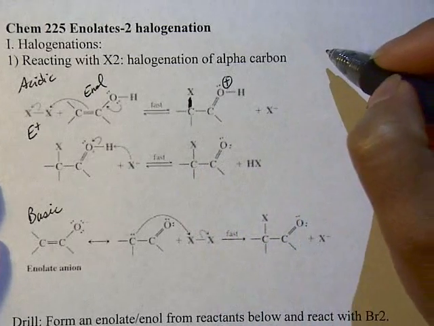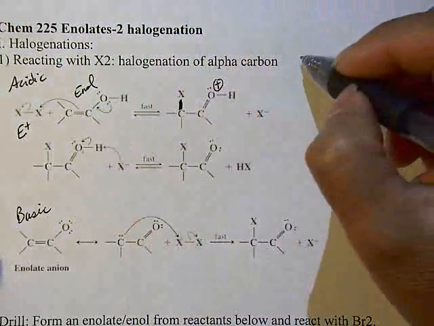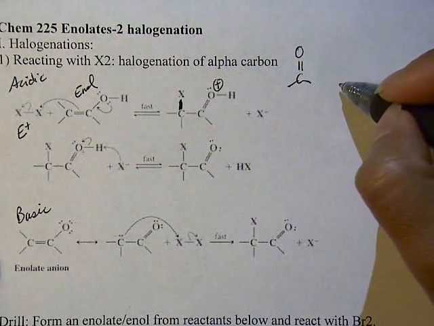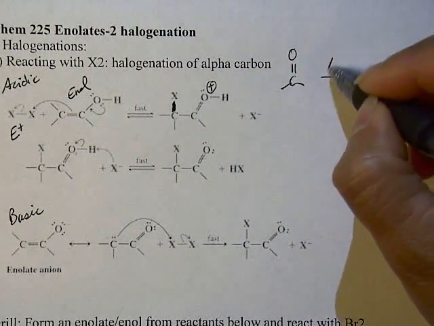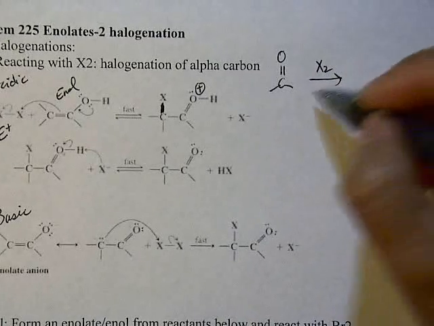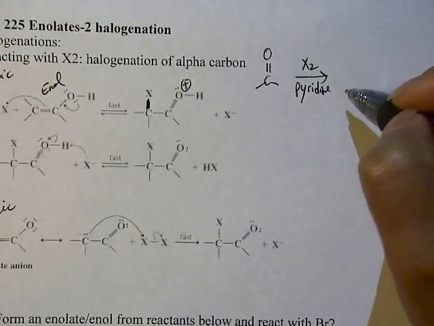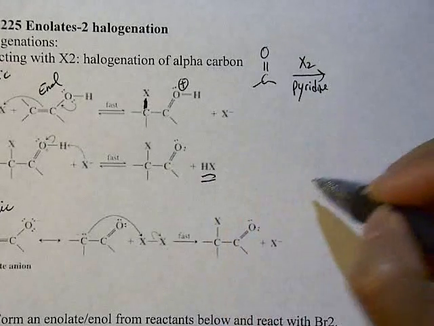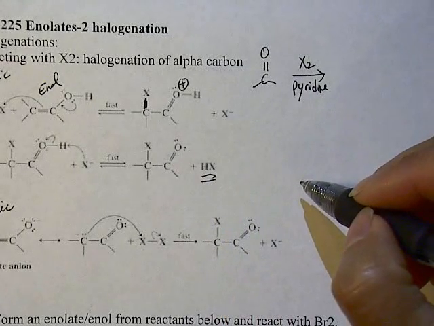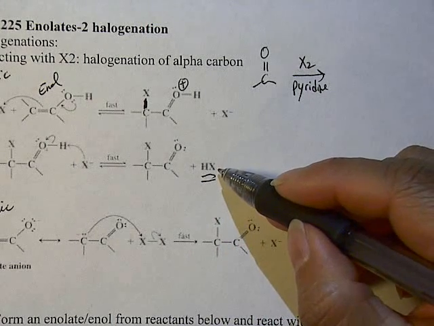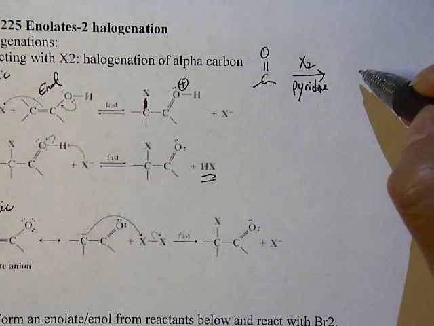All right. So the overall reaction in reacting with halogen is that you have a carbonyl group, and you have some kind of halogen, and a lot of times it's done in the presence of pyridine, because HX is liberated, and so pyridine acts like a base in soaking up the HX.